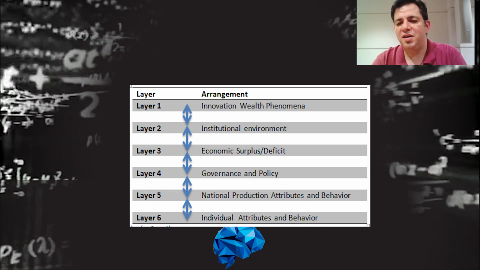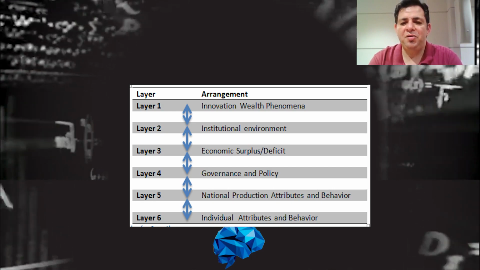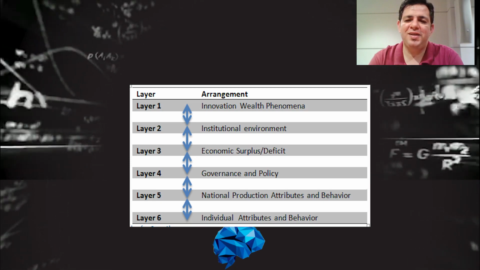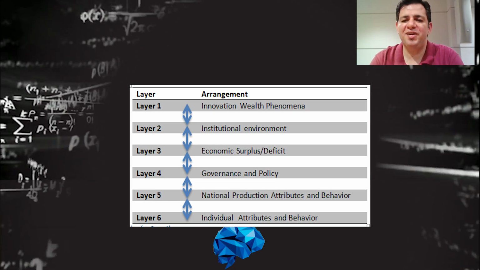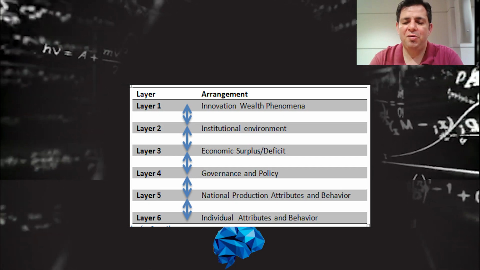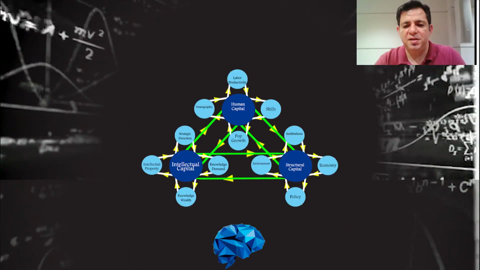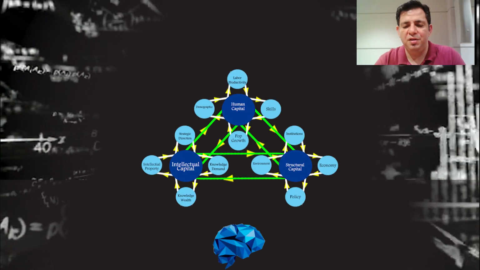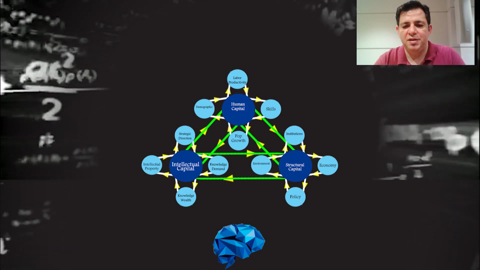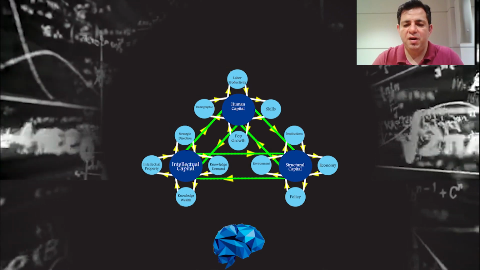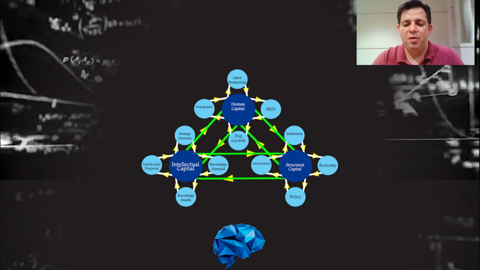So, while the individual attributes could be influenced by a specific policy, the innovation setting, if we look at that as the final deliverable, is also a byproduct of these individual attributes. We have three different types of capitals, and all these capitals are working with each other, against each other, and in sync with each other.